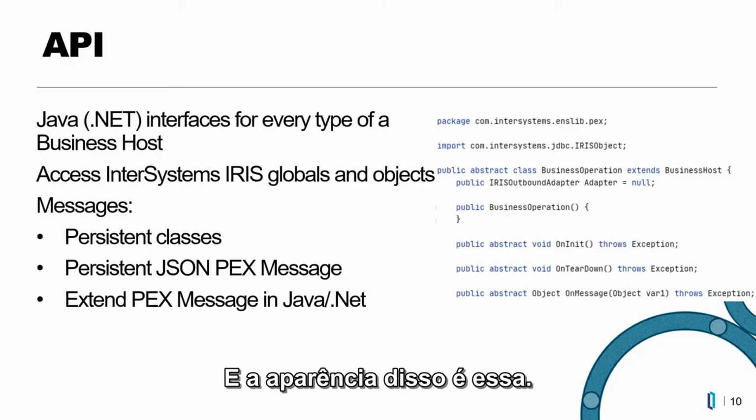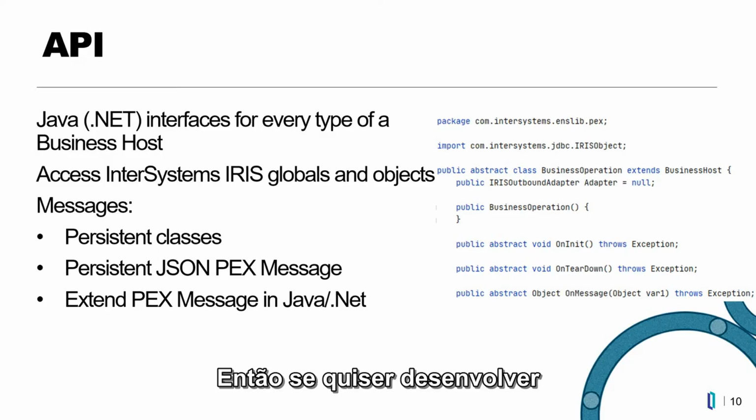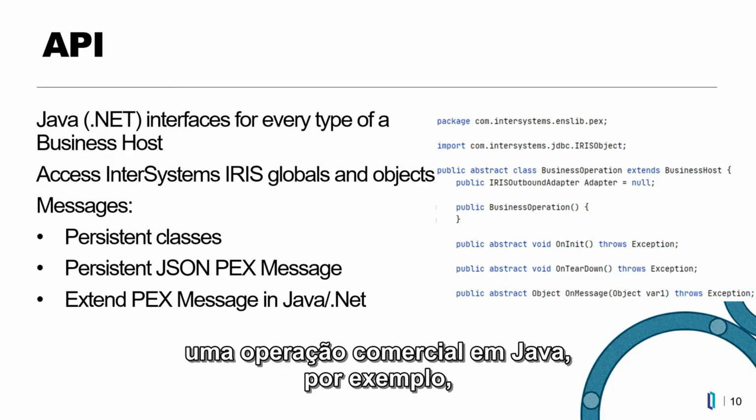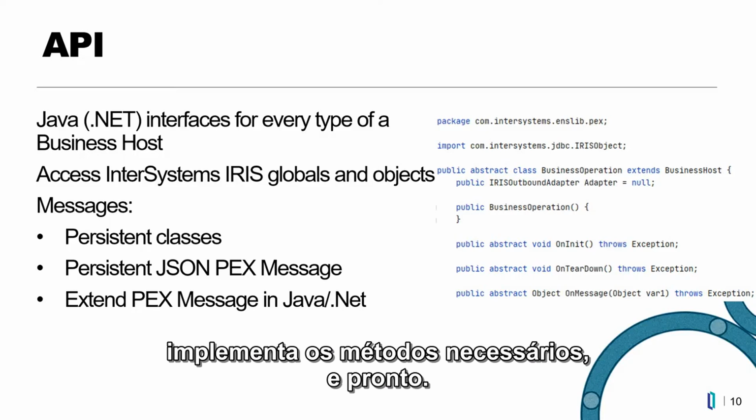Here's how it looks. In a gateway library, we provide interfaces for every type of business host. So if you want to develop a Java business operation, for example, you extend the business operation class and implement the required methods, and it's done.